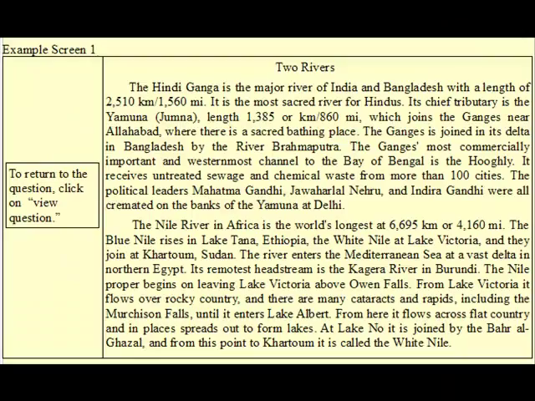The passage discusses two rivers. One is the Hindu Ganga River, which is the most sacred river for Hindus. Additionally, the Ganga's most commercially important and westernmost channel to the Bay of Bengal is the Hooghly. Finally, the Hooghly receives untreated sewage and chemical waste from more than 100 cities.